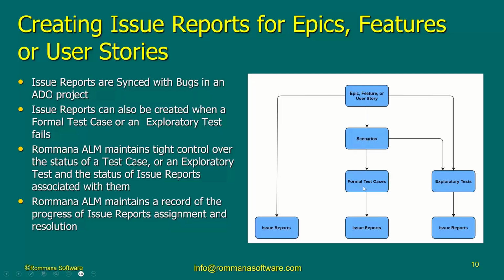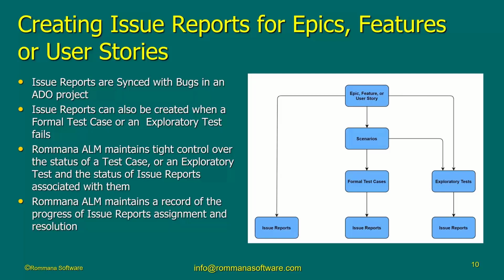So you create scenarios, then you create some formal test cases, then you run the test case, and the test case passes or fails. Okay, you have the option here to create an issue report, which could be a bug or something else within Rommana ALM, or you could go ahead and create your issue or your bug in ADO if you want. But then when you synchronize or resynchronize your project with ADO, it will bring them in. So it's up to you really at this point.